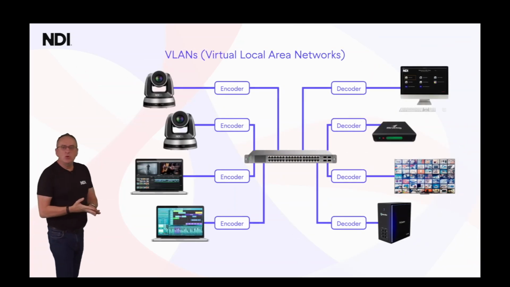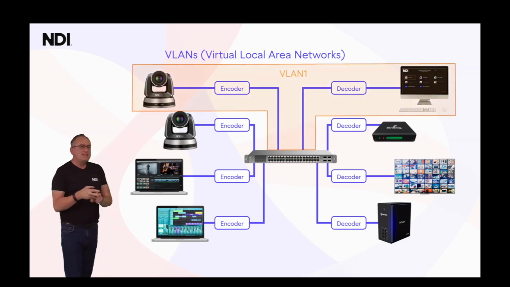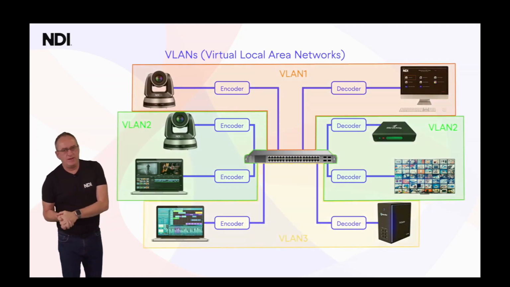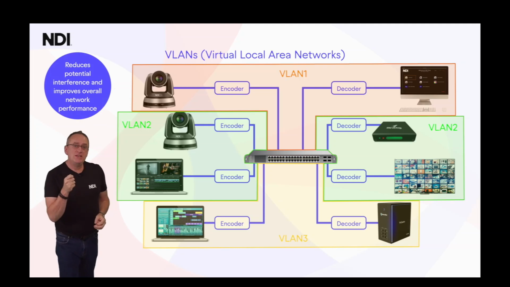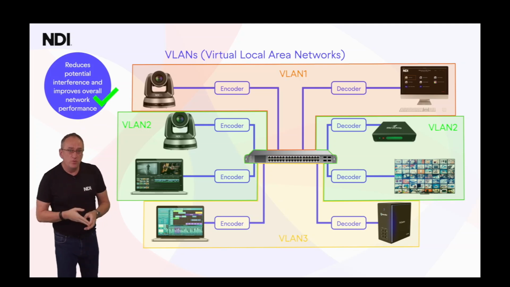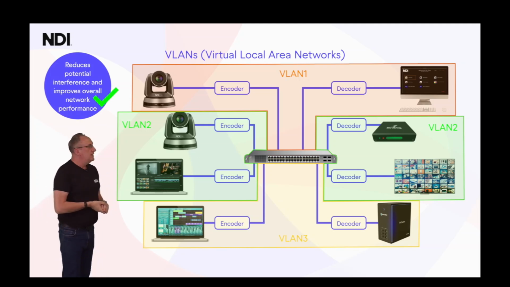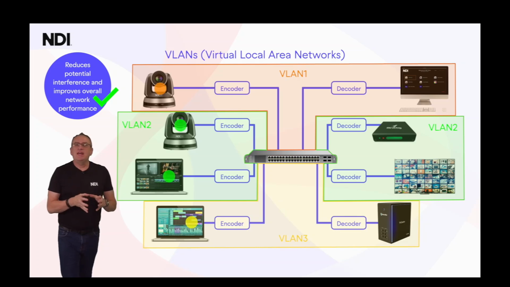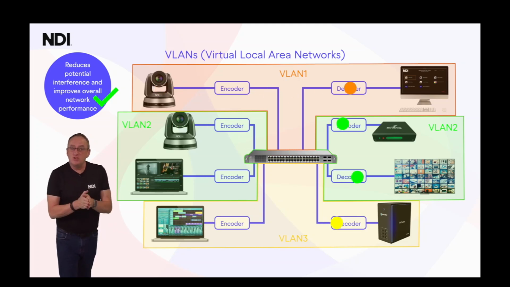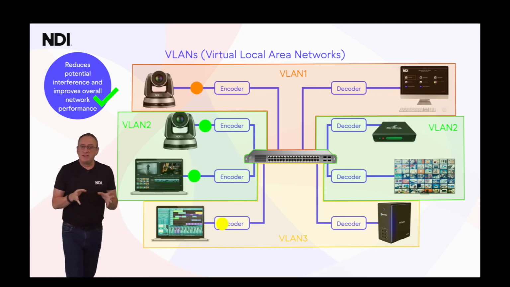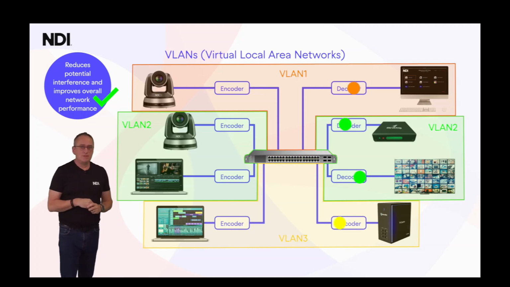VLANs, or virtual local area networks, are there to help segment network traffic, isolating NDI streams from other network activities, for example, and this can remove potential interference and improve overall network performance. Additionally, the application allows for easy management of bandwidth allocation to ensure that sufficient resources are dedicated to those NDI streams to prevent congestion and latency issues.